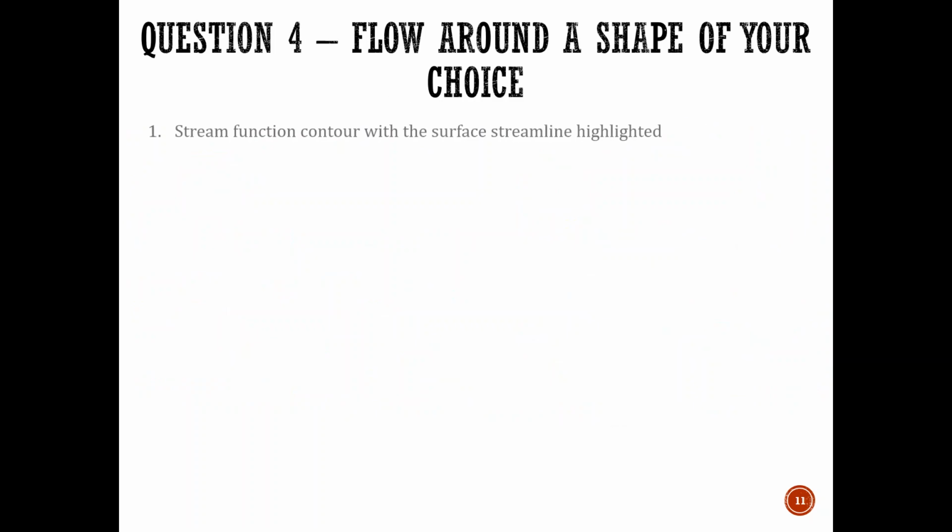In that, you can figure out the stream function contour with the surface streamline highlighted. So again, remember, no matter what object you're trying to simulate flow over, you've got to solve for the stagnation point, and then you've got to find the streamline that's going through that point, right? And velocity vectors using the quiver command.